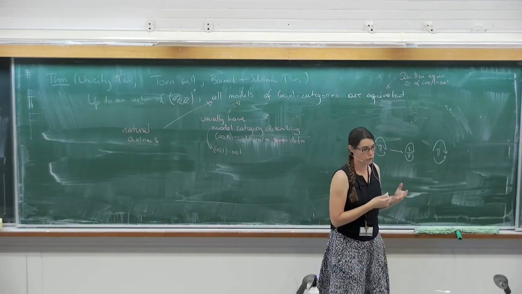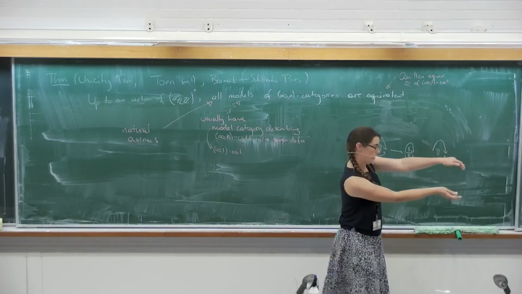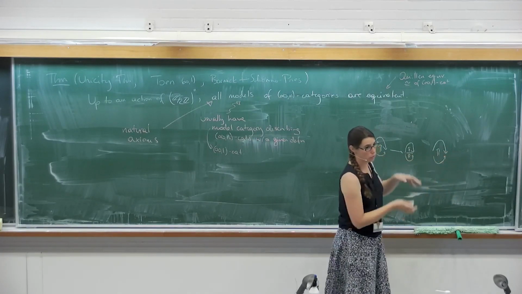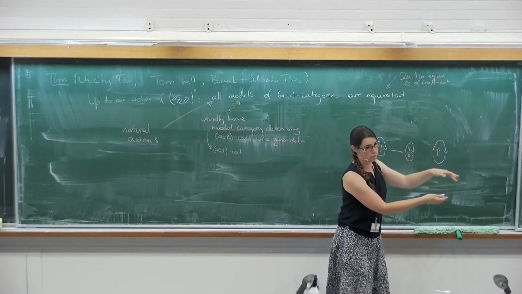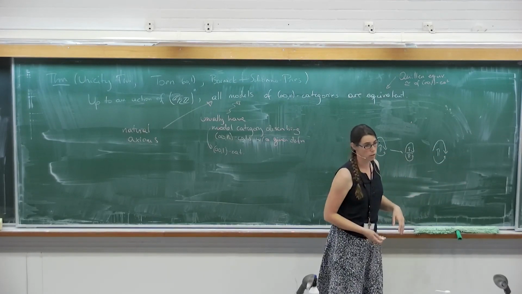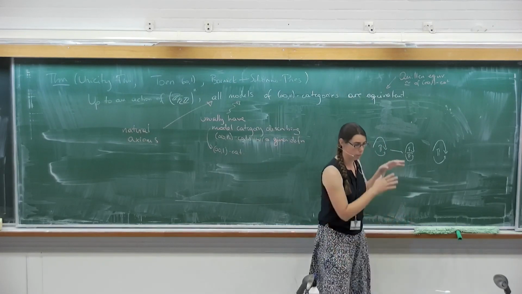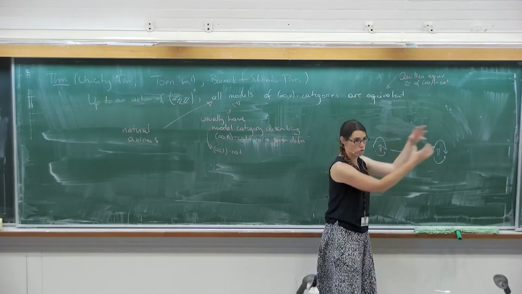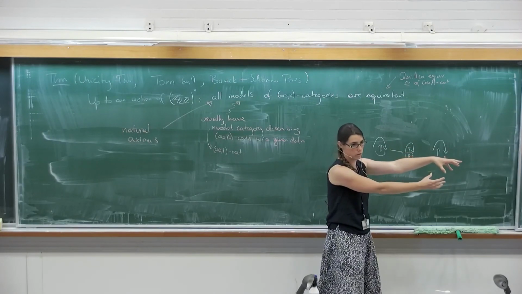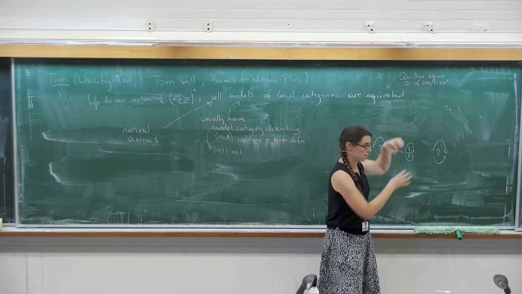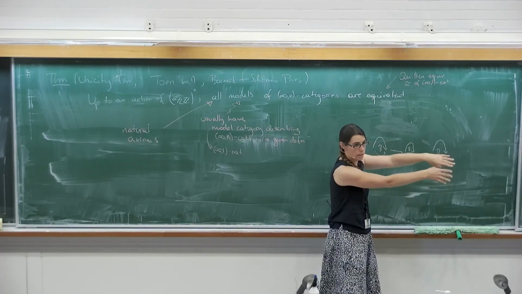And whether you first put the skeleton into the infinity n-category and then glue in, or you first glue in and then go to the infinity n-category, that should commute. So they're natural in the sense that if I paste things first and then go over to the infinity n-category, it should be the same as first putting all the pieces into the infinity n-category and then pasting them together.